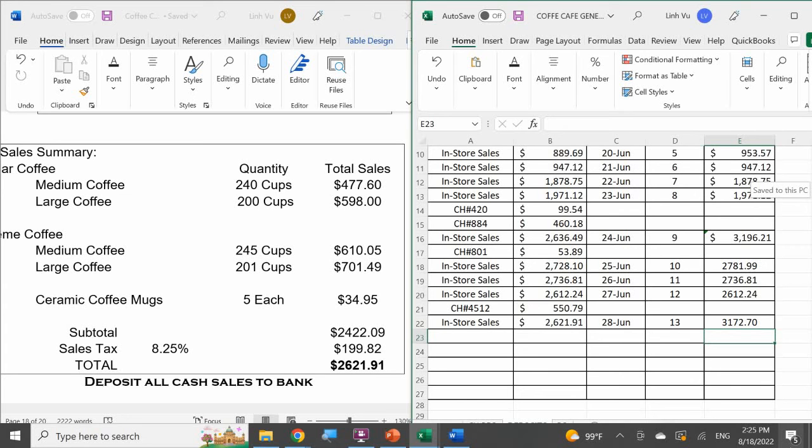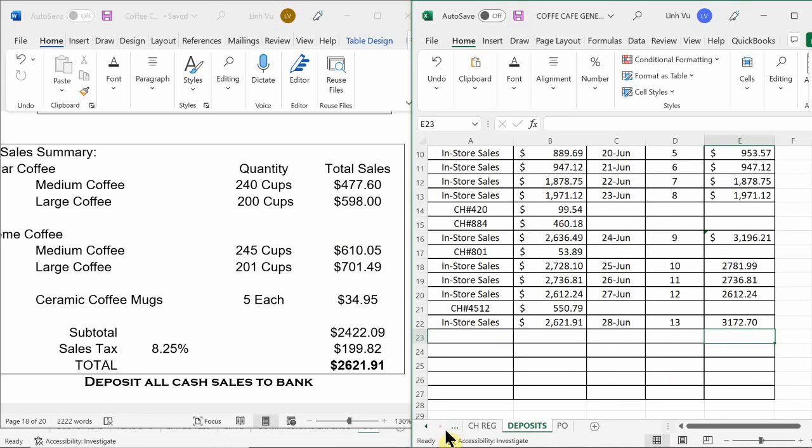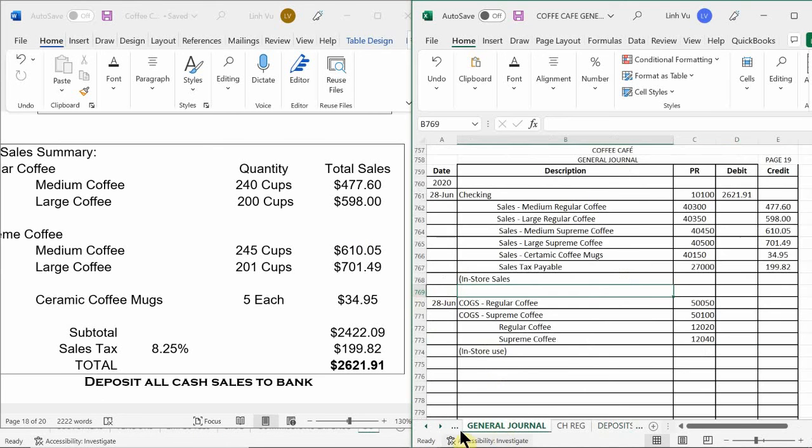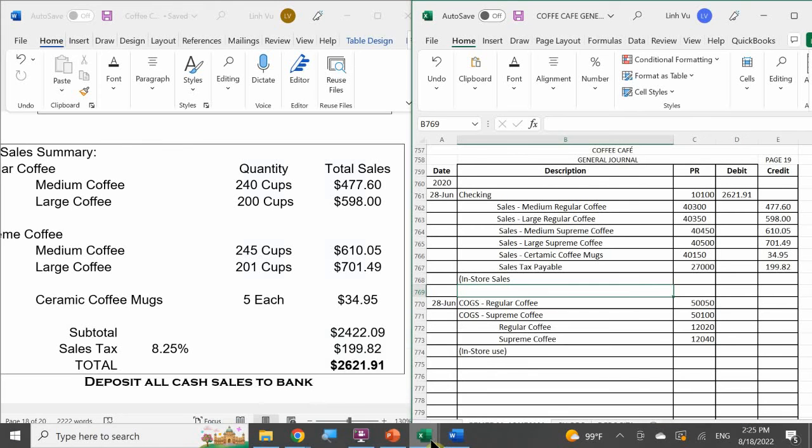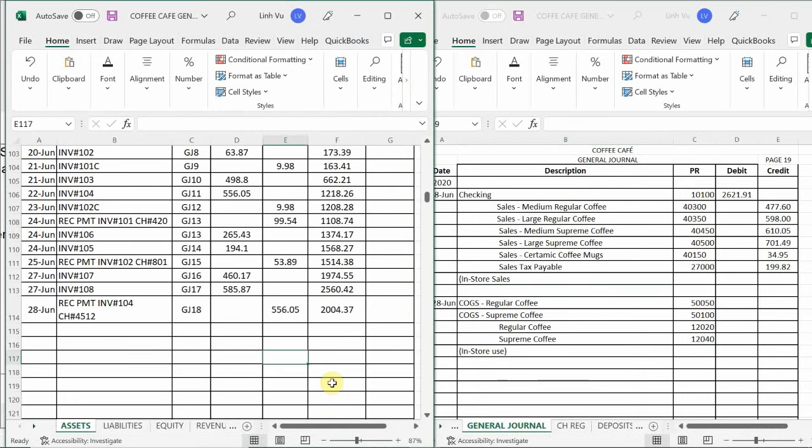And so now we go to the general ledgers. And for that deposit, and then it's the asset checking.